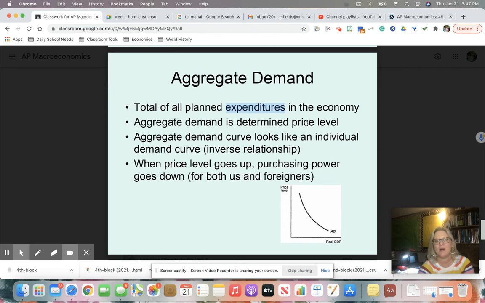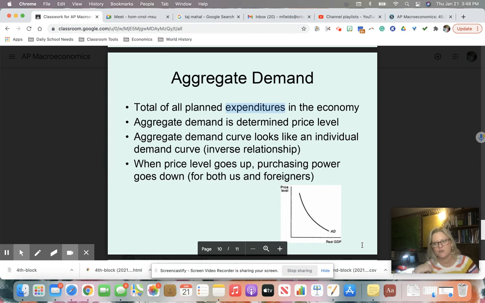It is determined by price level. The word "by" is missing there. Aggregate demand is determined by price level. So again, not the price of one item, but the average price of all goods and services in our country. It looks like a demand curve. So here is our aggregate demand curve where price level is on the y-axis and our GDP is on the x-axis.